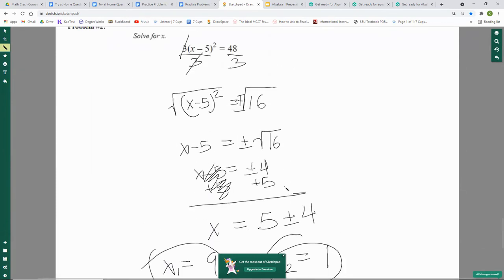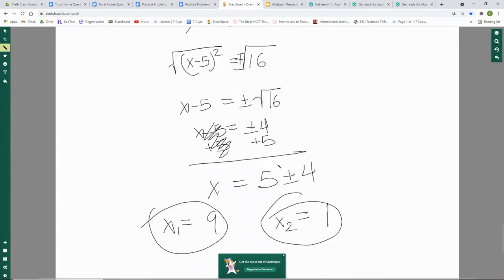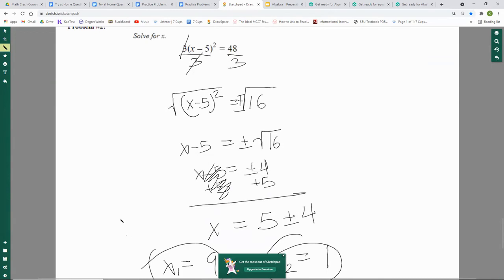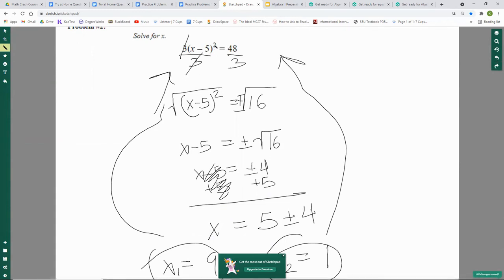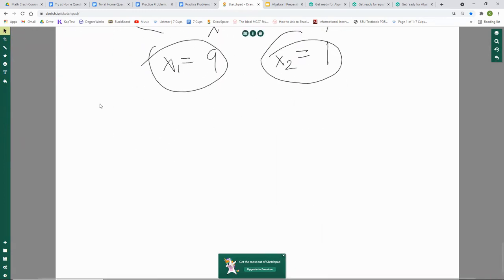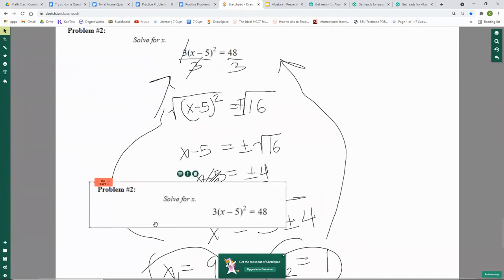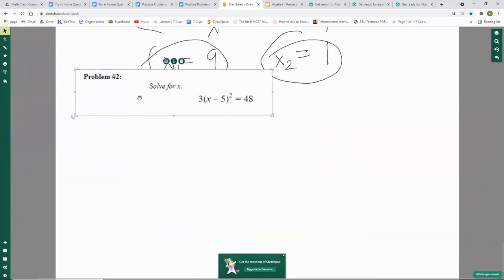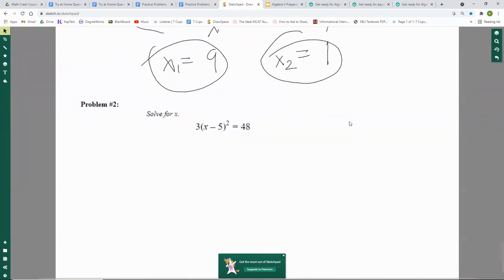Say we want to double check and make sure. We can plug these values one at a time into our original equation to see if the equal sign actually holds true. So let's copy this problem back down, keeping in mind we want to test our x1 and x2 values.